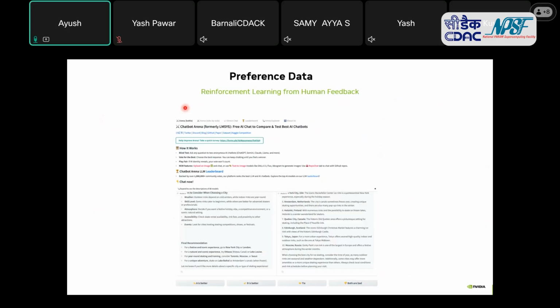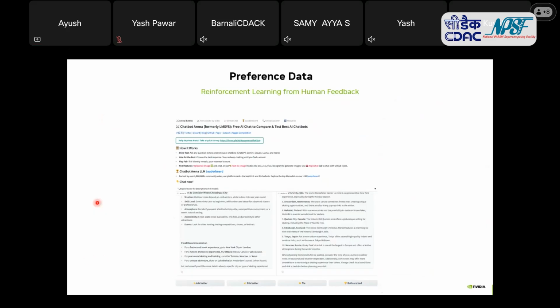This is one of the ways model developer companies like OpenAI, Anthropic, and others give an interface to the human annotators to say whether answer A is preferred or answer B is preferred, or both are bad, or both are tied, equally bad or equally good.